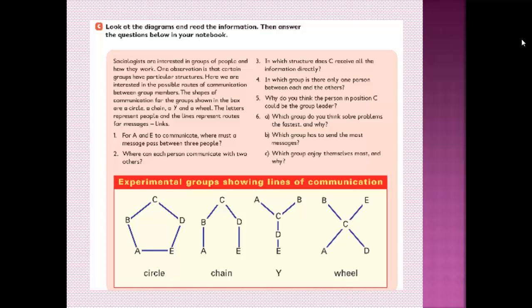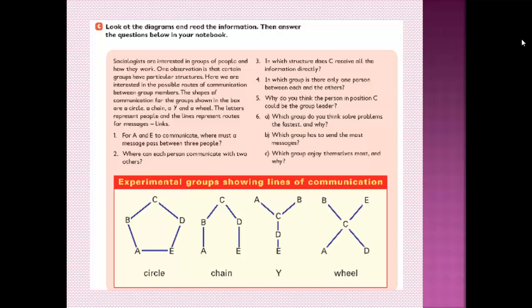The letters represent people and the lines represent routes for messages, links. Number 1. For A and E to communicate, where must a message pass between three people? 2. Where can each person communicate with two others? 3. In which structure does C receive all the information directly? 4. In which group is there only one person between each and the others? Number 5.